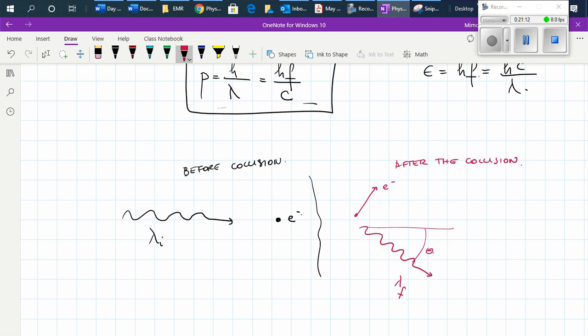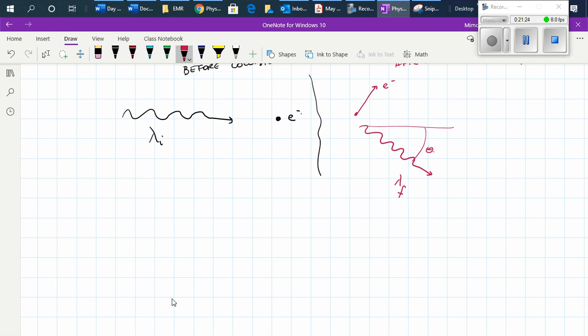The collision between the X-ray photon and the electron was a pure elastic collision. Remember what we said about elastic collisions? It's not only conservation of momentum that is applied, but even the kinetic energy is conserved.